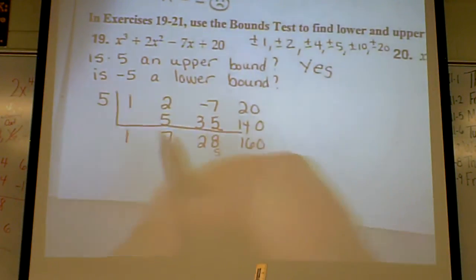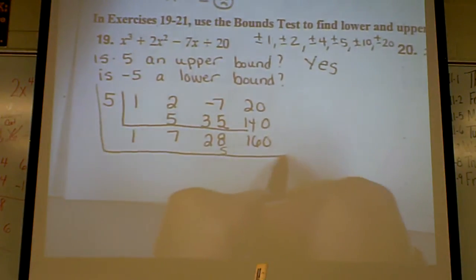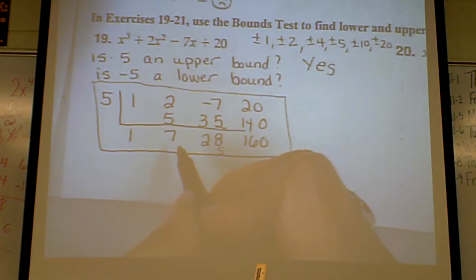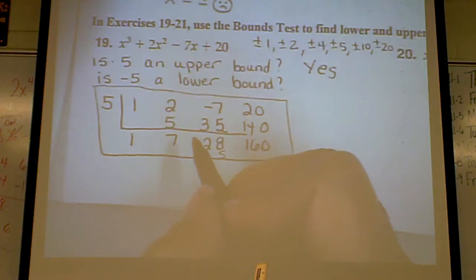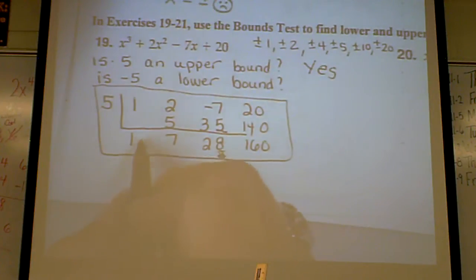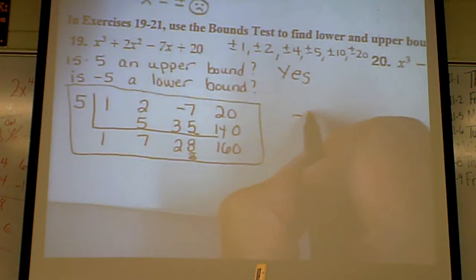And this better be shown. I don't want to hear, I did it in my head. I need to see the proof. And I may ask you why, prove it. This is your proof why. What about, is -5 a lower bound? You just plug in.